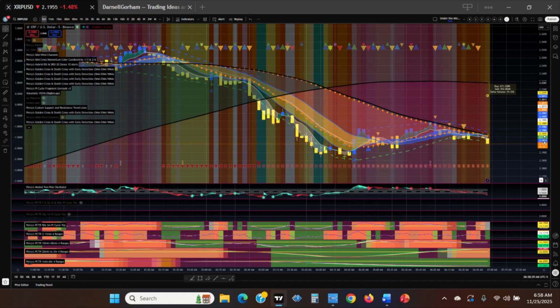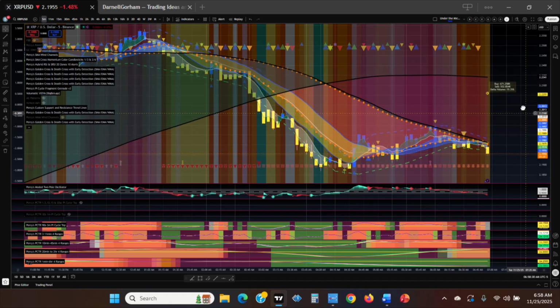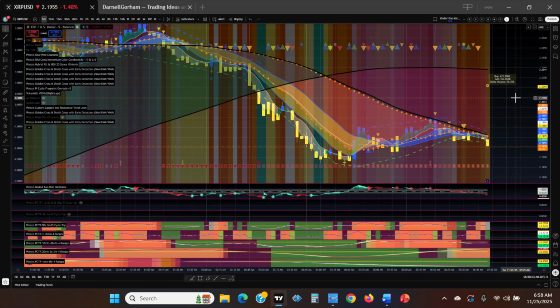And the whole idea is we flipped with the 13 and the 48, really expanded so we can really see that 13 and the 48.